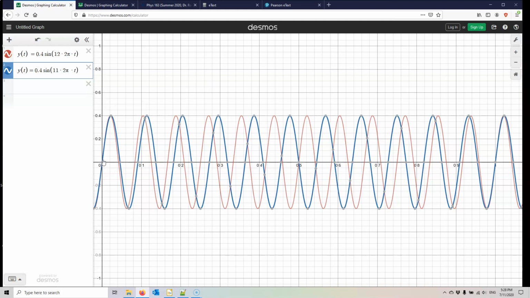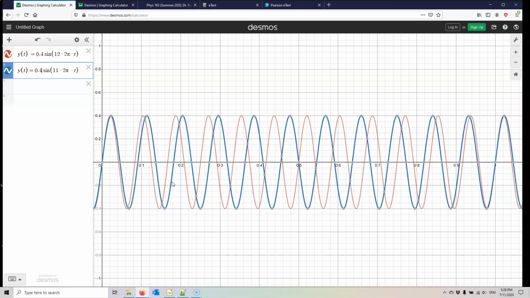So what's going to happen initially? They're pretty much in sync. You can see because they're just barely different in their frequencies, 11 and 12. They're almost the same period. The red one is just a tiny bit shorter of a period. So initially they're in sync, and they're going to stay in sync fairly well.